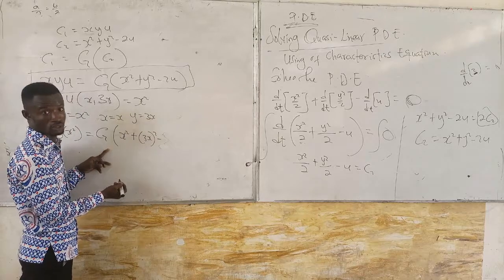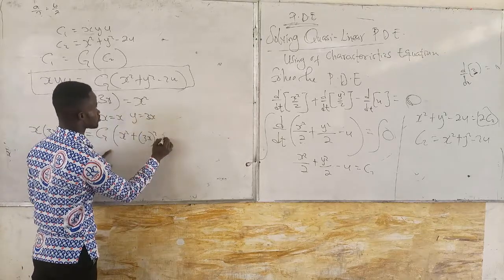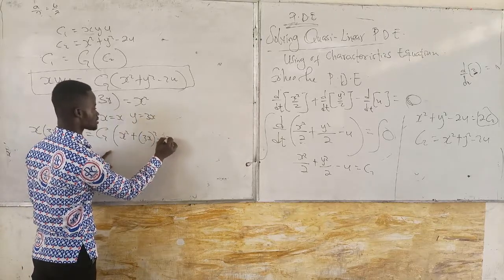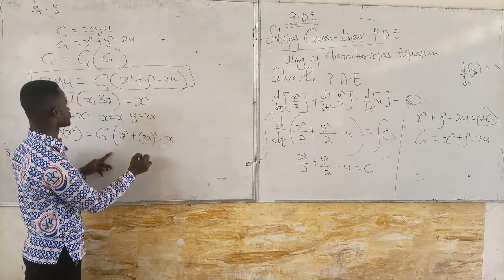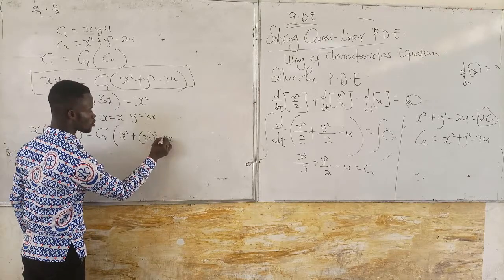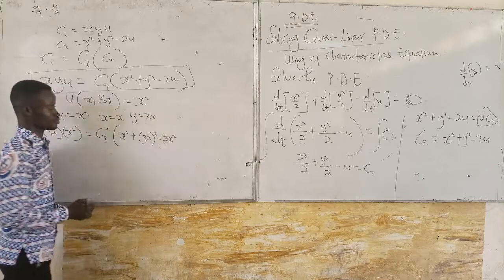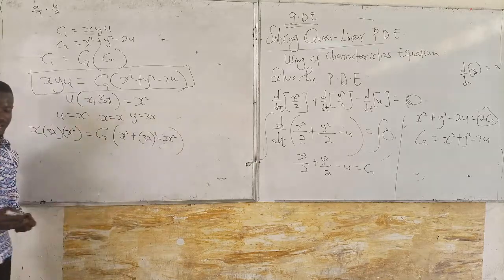And u is what? 2x. What about the 2x squared? Combine and see what you get.